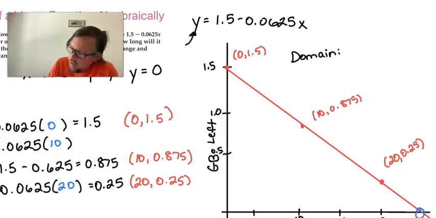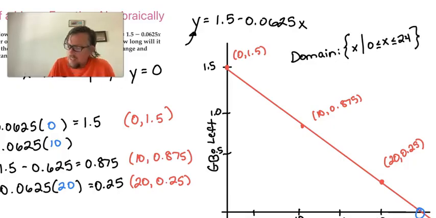And we're going to write this using what is called set notation. And I'm going to write it first, and then I'm going to tell you how to read it. It looks like this. These little curly brackets there. And we do x with the line, and then 0 to 24 with the x in the middle. And the way that you read this is x such that x is between 0 and 24.